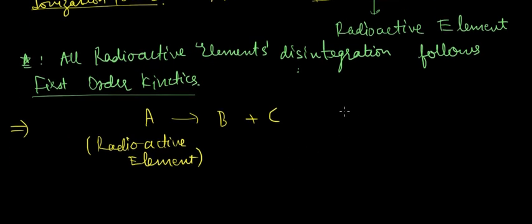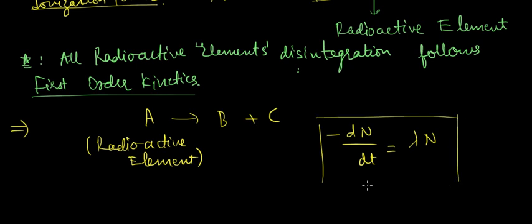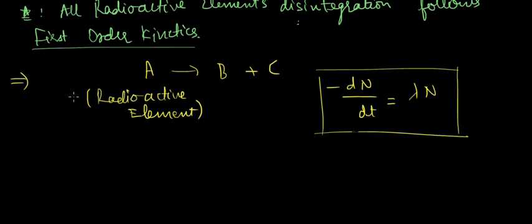So we can write that minus dN over dt would be equal to lambda times N, where lambda is nothing but the decay constant and N is the number of nuclei of A at time t.